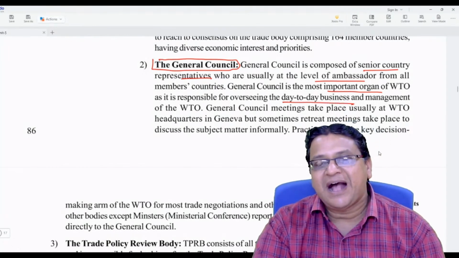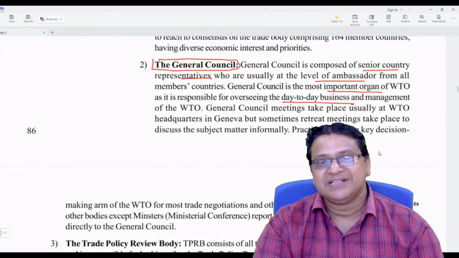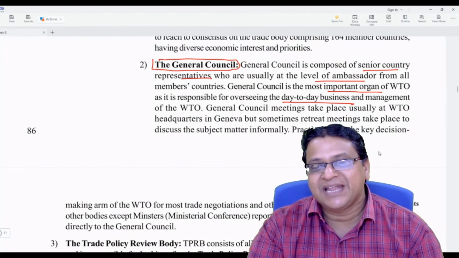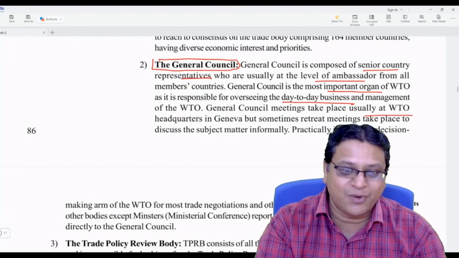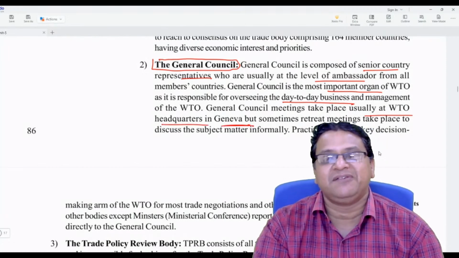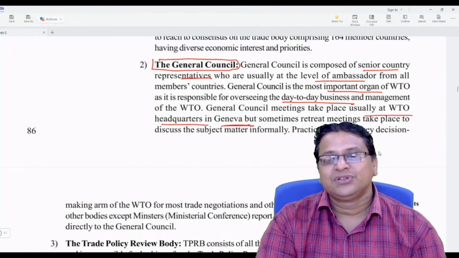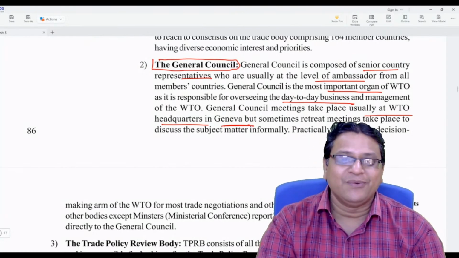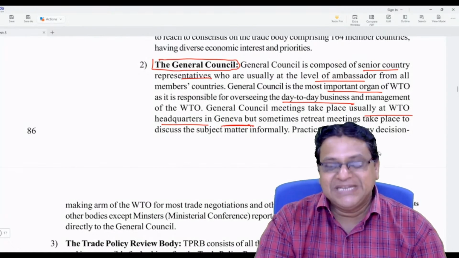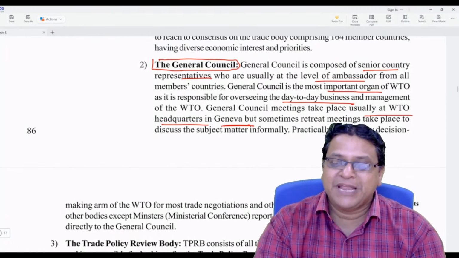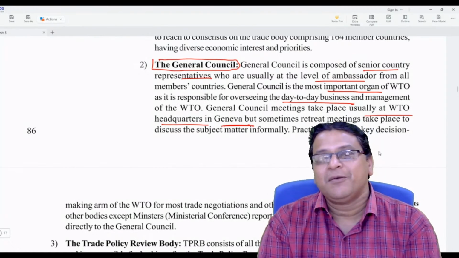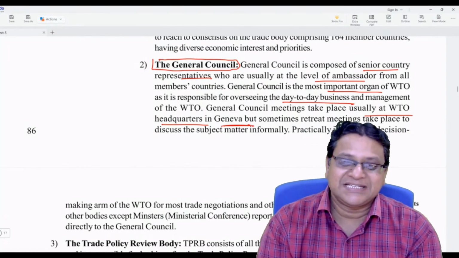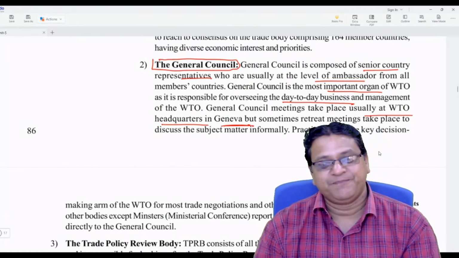It sees how WTO is functioning. General Council meetings take place at the WTO headquarters, which is situated at Geneva. So the key decision making body of WTO is the General Council. The ministerial conference frames strategic decisions, but the operational decisions are generally made by the General Council.